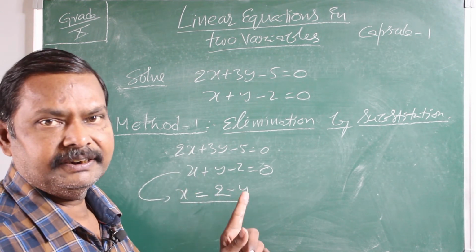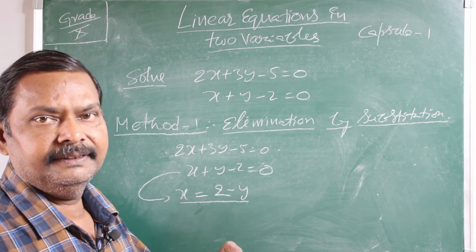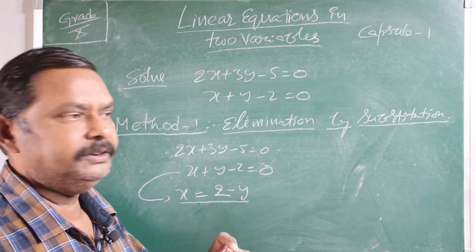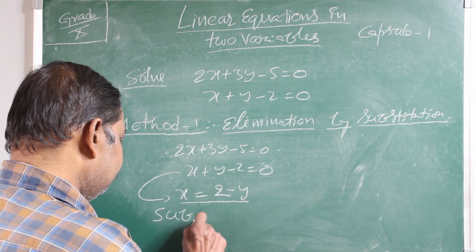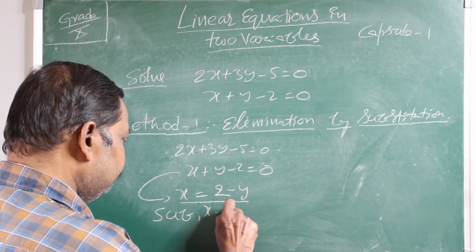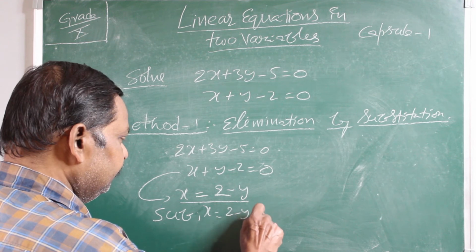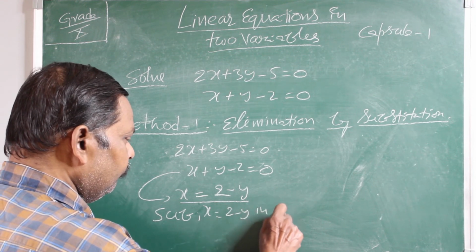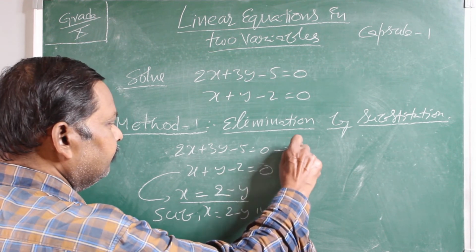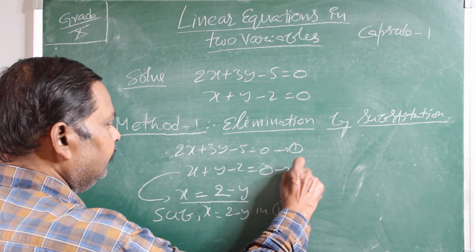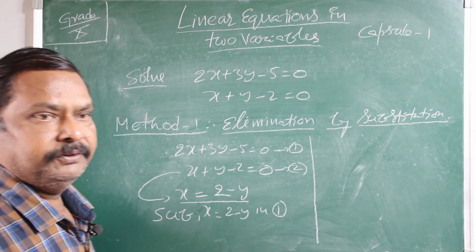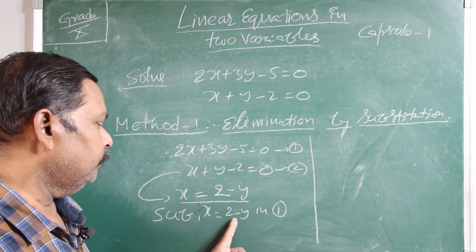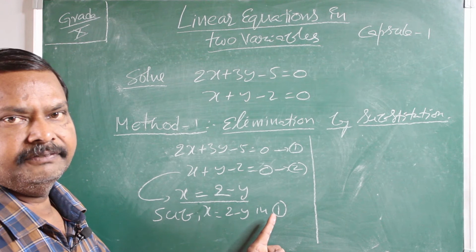So in the first equation where there is x, there let us take 2 - y. Substitute x = 2 - y in 1. Of course this is the first equation, this is the second equation. Substitute x = 2 - y in the first equation.